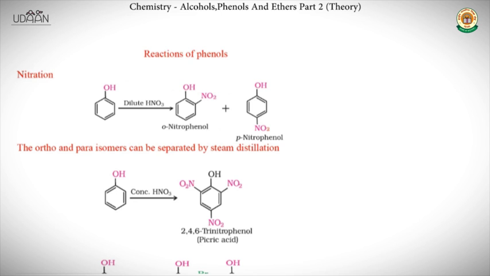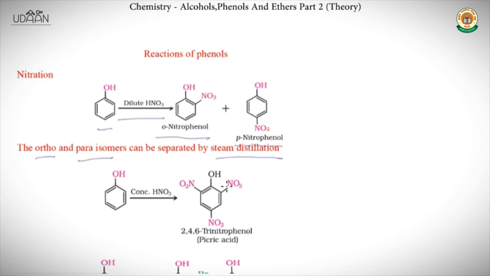Now proceeding with the reactions of phenol. When phenol is reacted with dilute HNO3, a mixture of ortho-nitrophenol and para-nitrophenol is formed, and we know that ortho and para isomers can be separated by steam distillation.